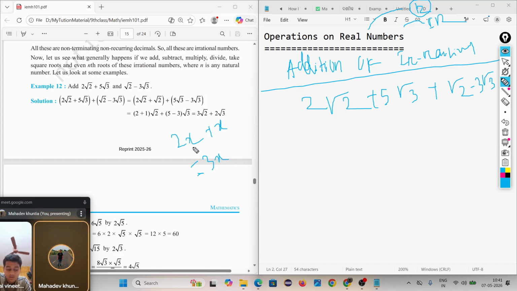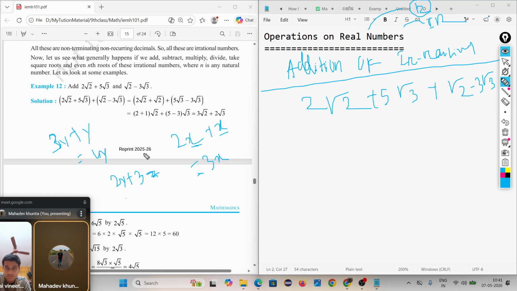Like terms means having the same x term. 3y plus y, your answer will be how much? 4y. 2y plus 3z, your answer will be how much? 2y plus 3z itself, sir.